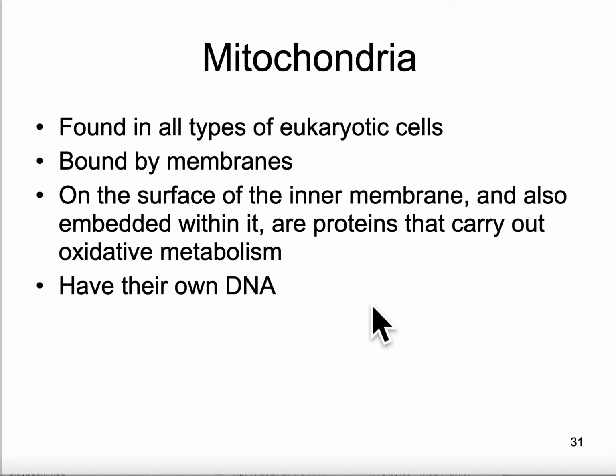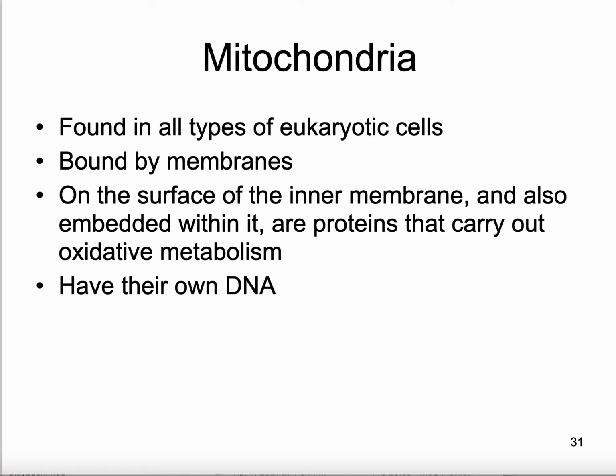Most of our cells have several or even many mitochondria. Mitochondria can come in various shapes, but we generally show them as a sausage or oval. They can also be round. They are bound by two phospholipid bilayers, or two membranes, and they process most of the energy in our cells.